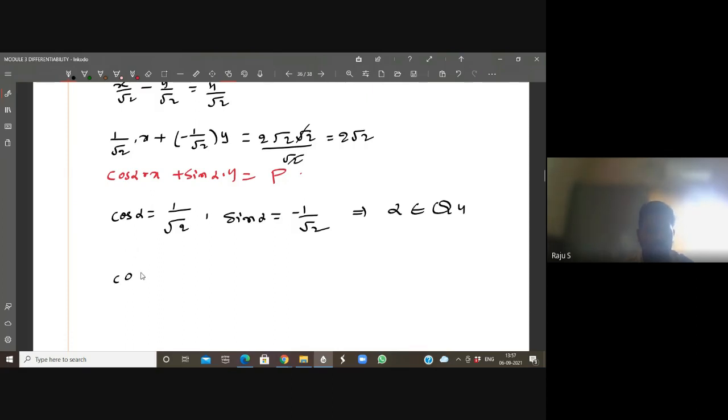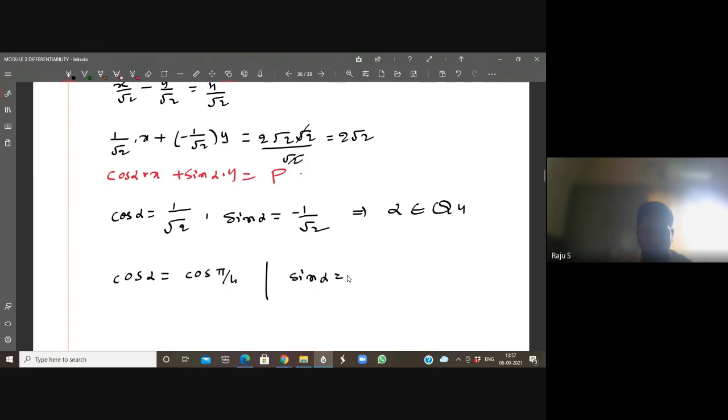So clearly here cos is positive and sin is negative, so I'm going to take it like this. Cos alpha is equal to cos of fourth quadrant, which means 2 pi minus pi by 4. Shall I write 1 by root 2 as cos pi by 4?